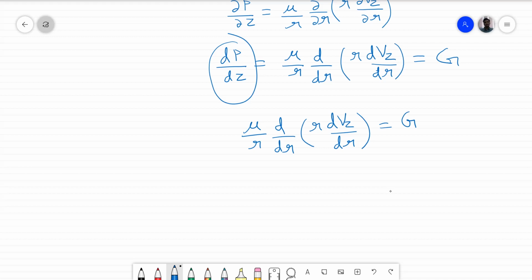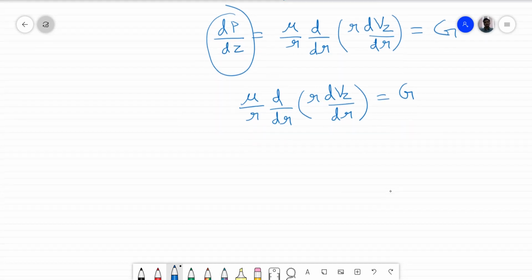Now this looks similar to the flat plate case. We have a double derivative on the left hand side, so after integration it will give velocity as a function of r square. So it will be a quadratic expression. You have to integrate twice with respect to r.